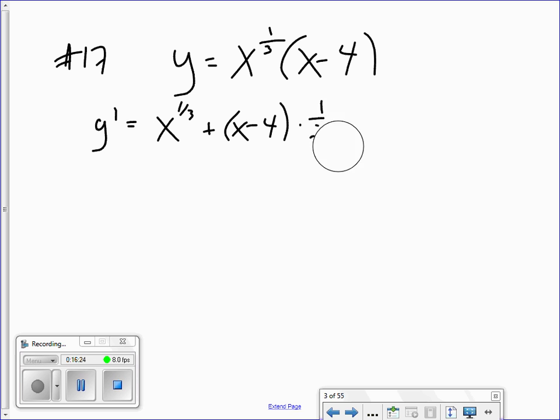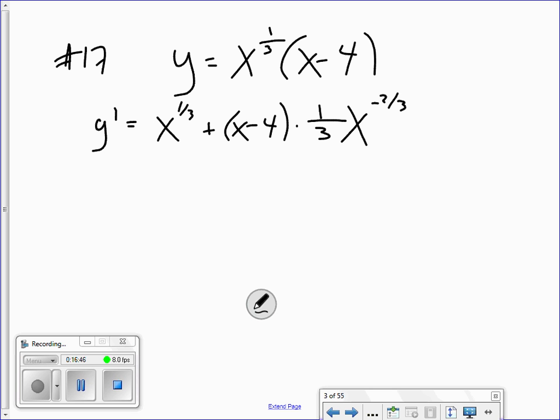I'm going to write it as x to the negative 2/3 here for a second. Oh, I erased that. Darn. All right, try it one more time. 1/3 x to the negative 2/3. Okay, that's the first derivative.